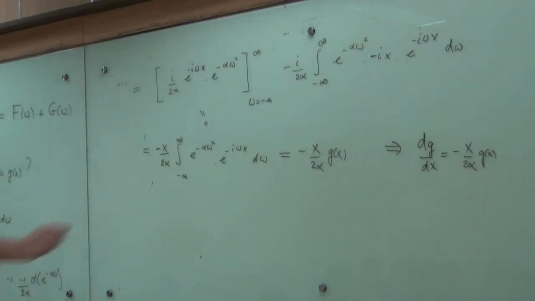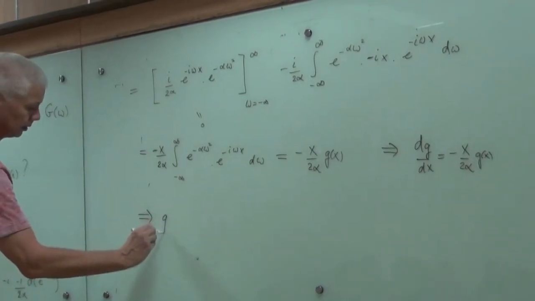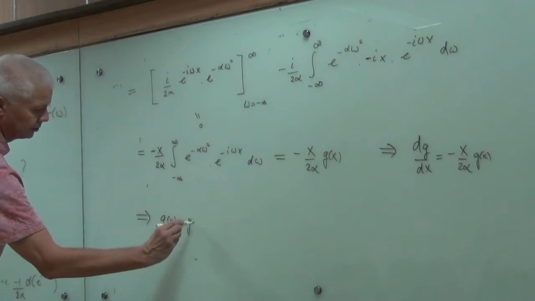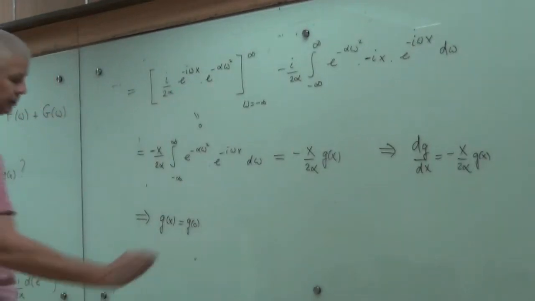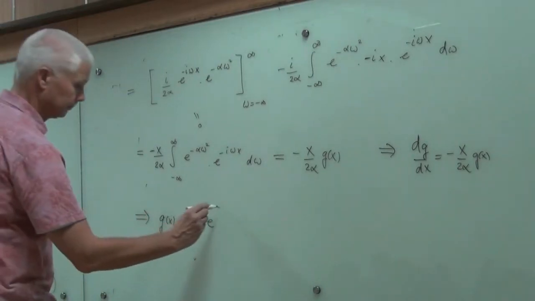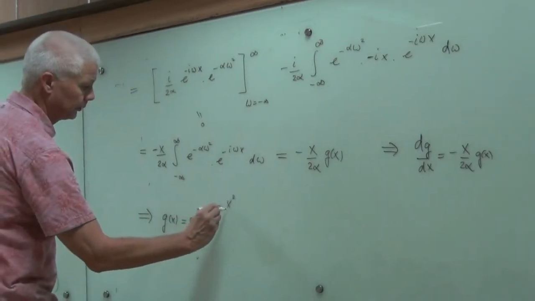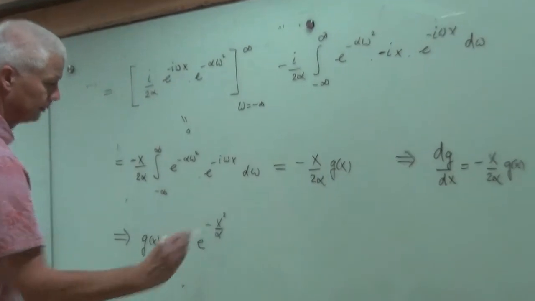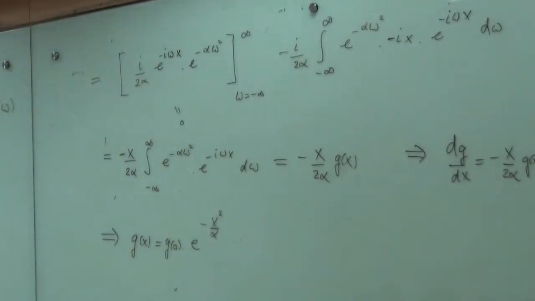And this can readily be integrated. And that gives you g(x) is g(0) times e to the power minus x squared over 4 alpha.